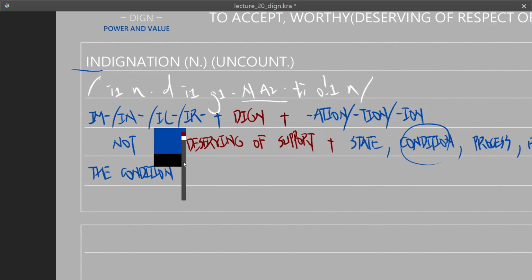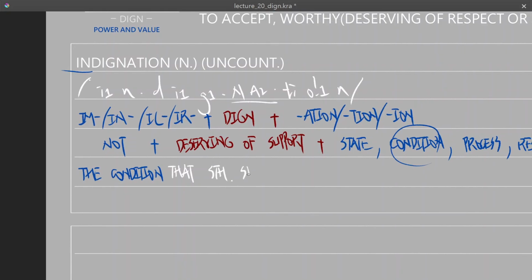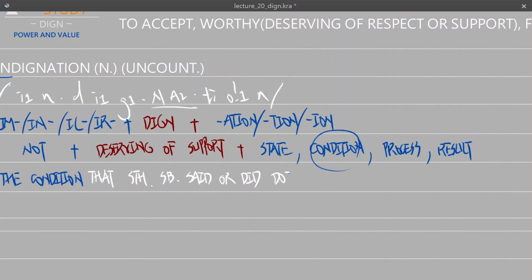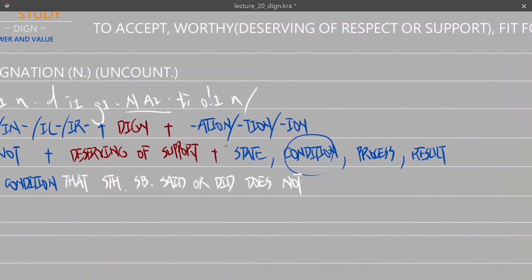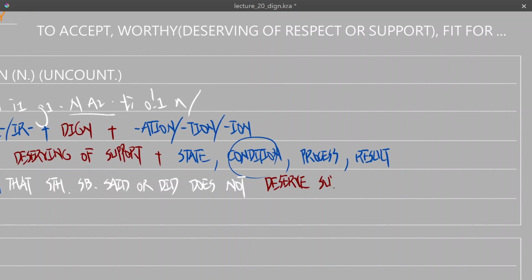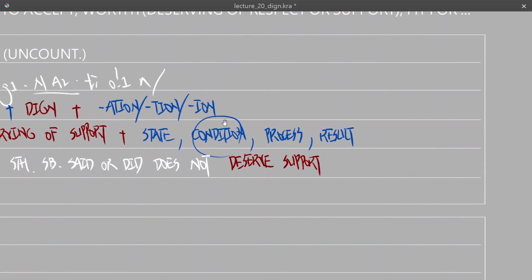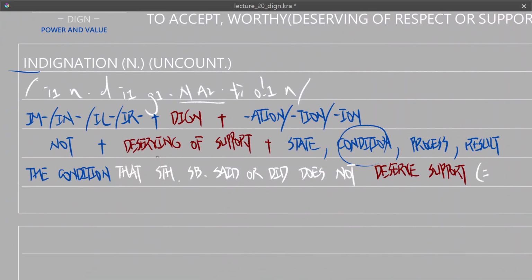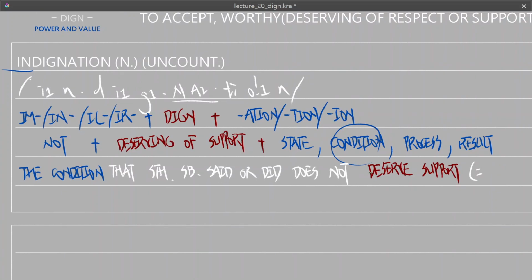The condition that something somebody said or did does not deserve support.